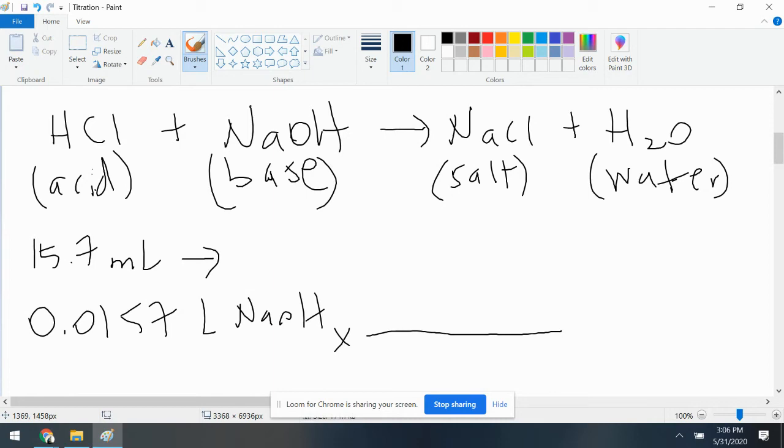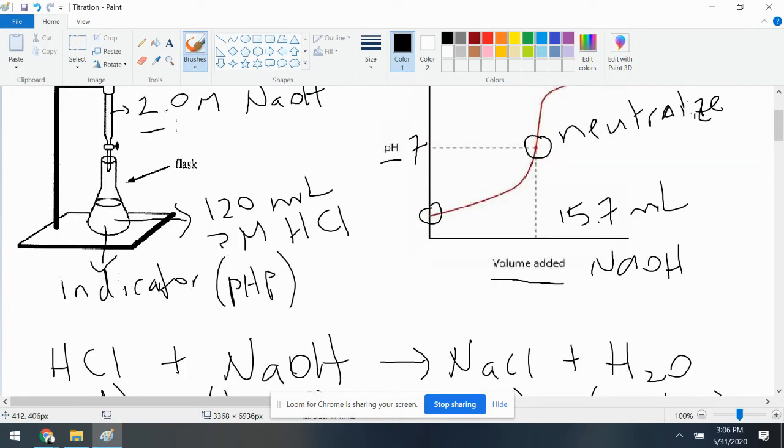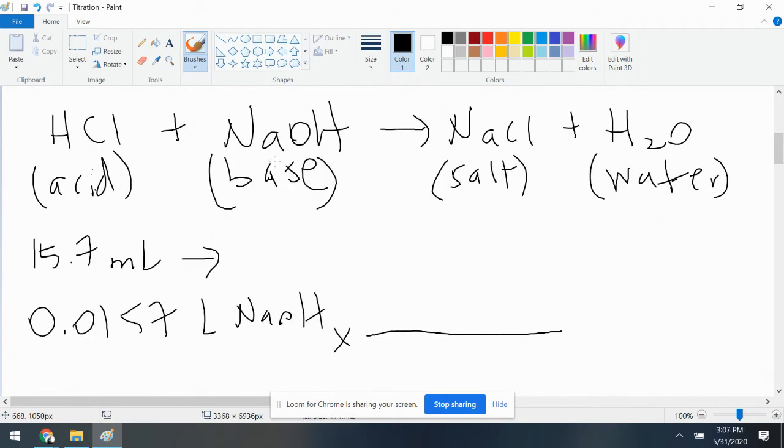So how do we figure out the number of moles? I'm going to use the concentration, the molarity, of sodium hydroxide. This time around, I'm going to multiply by the concentration, which is 2.0. Again, this is given to you. Moles of sodium hydroxide per 1 liter of sodium hydroxide.